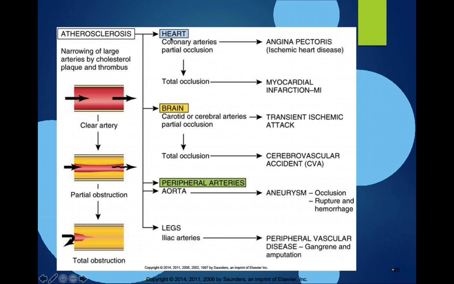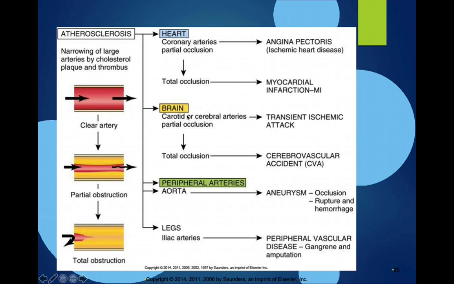So when you have a partial blockage to a coronary artery, you get decreased oxygen to the tissues, you have ischemia. You get ischemic heart disease, and that shows up as angina pectoris, which is chest pain, cramping of the chest. If it's a total occlusion, then you have the heart attack. That's the MI, the myocardial infarct. Myo is muscle, cardium for heart.